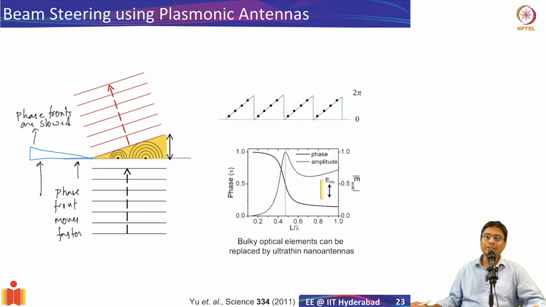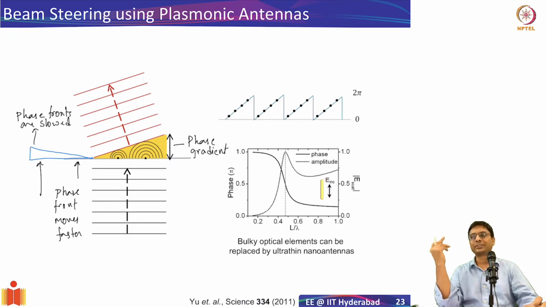Now, we cannot in practice create a continuous wedge, or what I can call a phase gradient as well. In practice, I cannot create a continuously changing phase gradient. But we know from our basic understanding of how waves propagate that we can wrap phase at 2 pi.